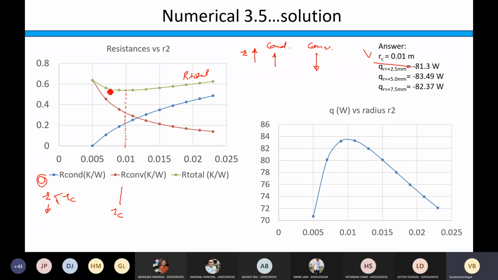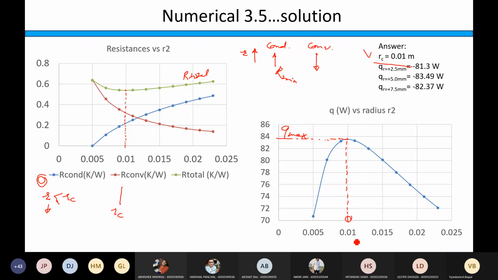So if total resistance decreases, it means the heat transfer increases, right? So that you can understand from this graph. This is Q plotted against this radius R2. So you will see that there is one point here which will give you the critical radius and the corresponding value of Q. So this must be Q max, right? Because at this point resistance is minimum, right?